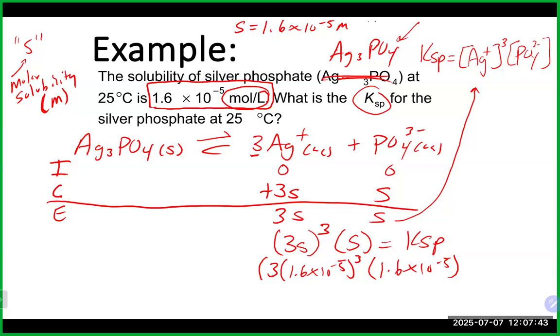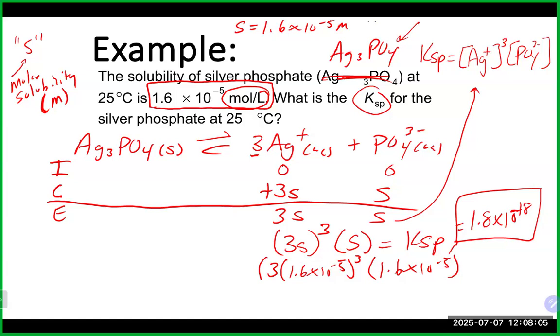Looks like about 1.8 times 10 to the minus 18 as my KSP. First off, any questions on that there?